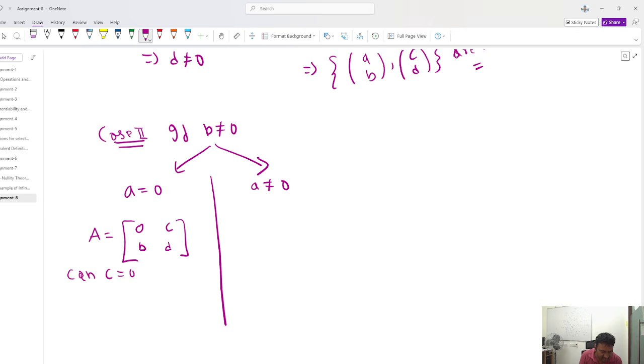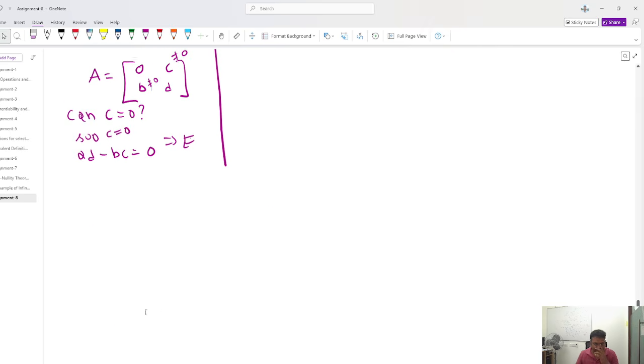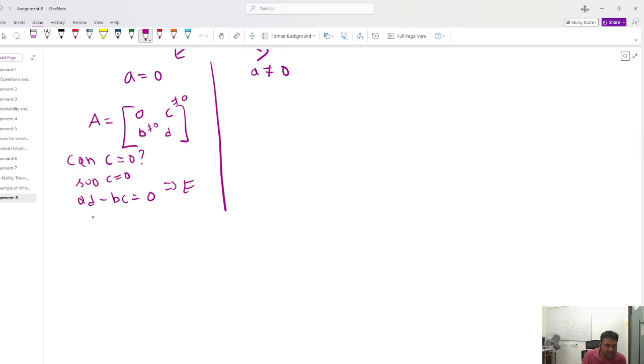Now, question is, can C be 0? Say if C is 0, what is AD minus BC? Note that A is 0, so this will become 0. So not possible. So this is non-zero, this is non-zero, right? When you see if these vectors are linearly independent or not, what you have to do is consider some c1(0, B) plus c2(C, D).